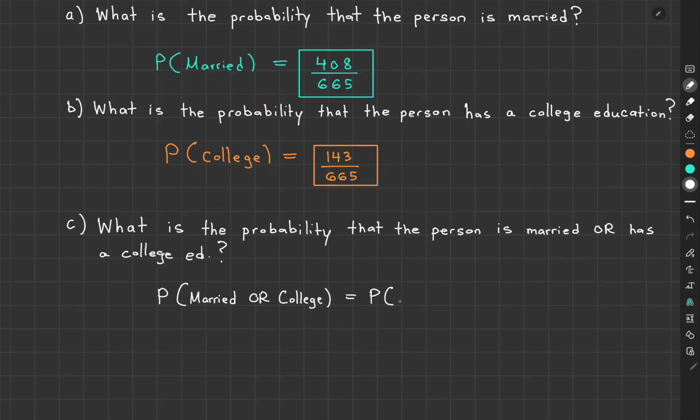And that's going to be equal to the probability that they're married plus the probability that they have a college education minus the probability that they meet both criteria, that they are married and have a college education. Okay, well, we already have these first two numbers. So this was 408 out of 665. This was 143 out of 665. And now we need to subtract from this their overlap.